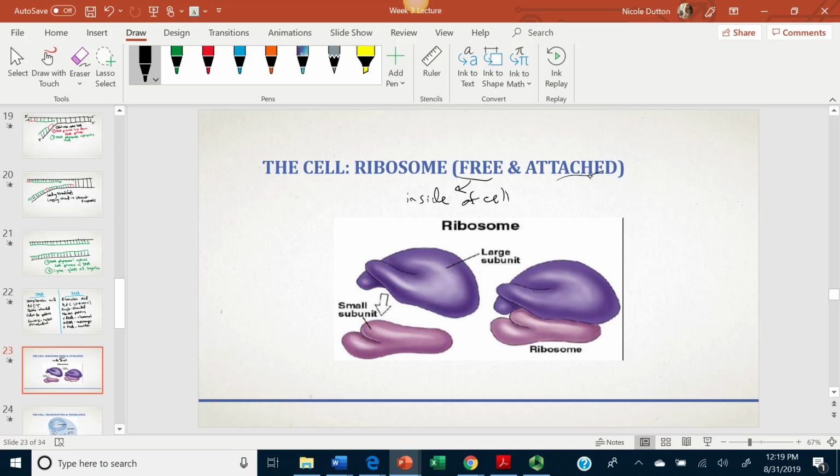Attached ribosomes are going to be on the rough endoplasmic reticulum, and these are going to make proteins for secretion or insertion into the cell membrane. So attached ribosomes make proteins that are destined for the outside of the cell or the cell membrane itself.